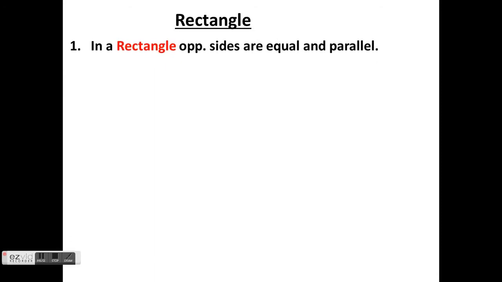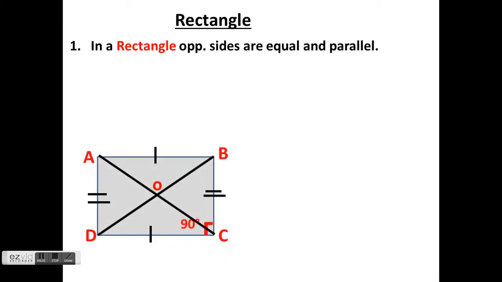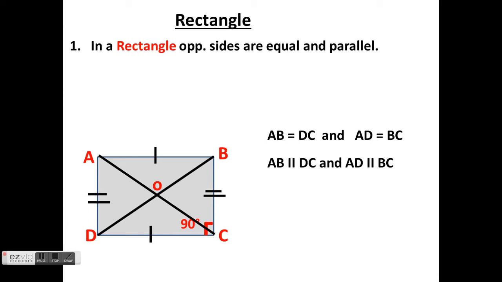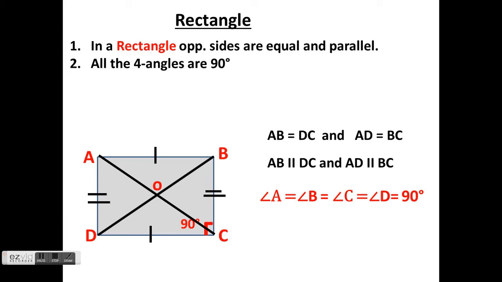Next, rectangle. In a rectangle, opposite sides are equal and parallel. AB equals DC and AD equals BC. AB is parallel to DC and AD is parallel to BC. All the four angles are equal and each angle is 90 degrees. How to write? Angle A equals angle B equals angle C equals angle D equals 90 degrees.